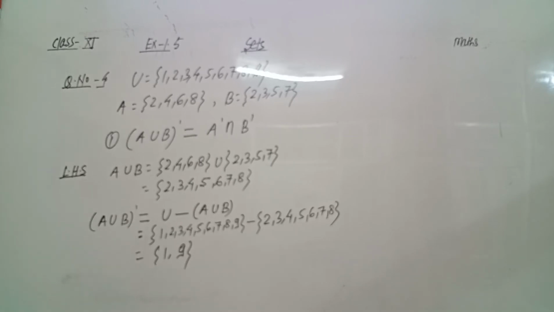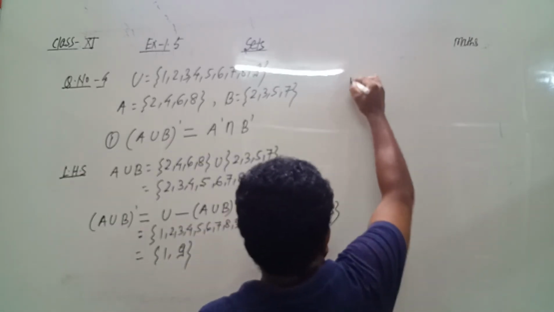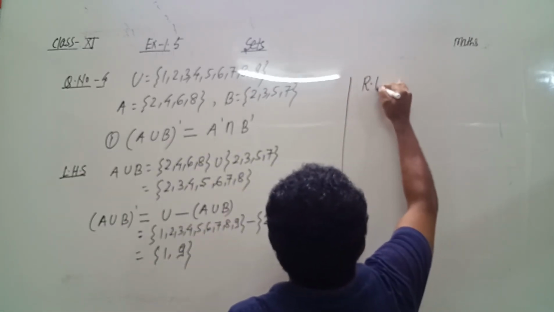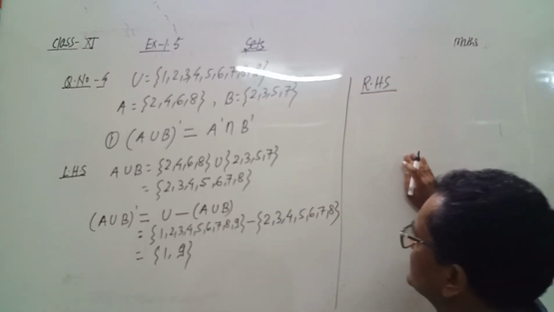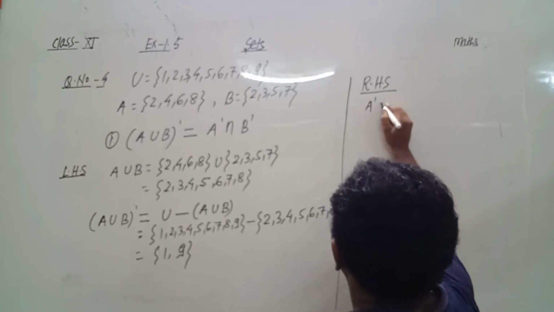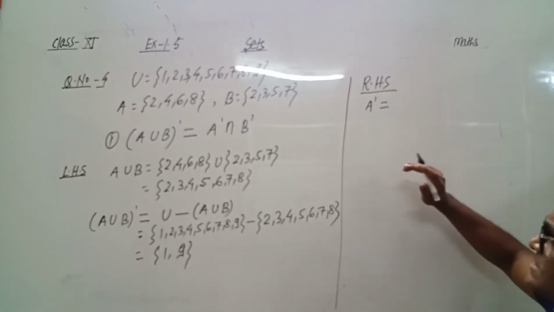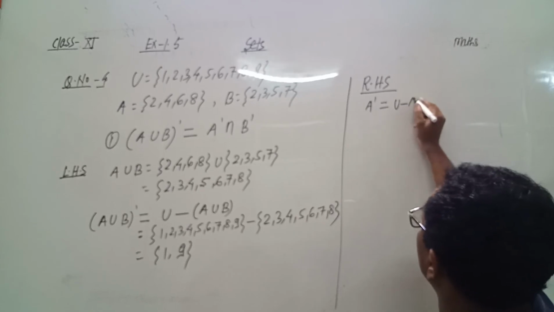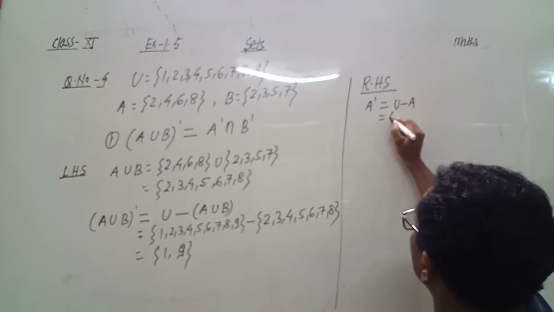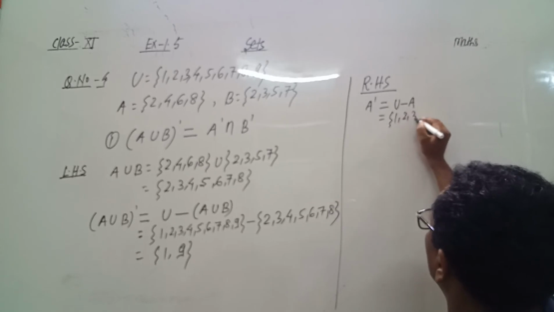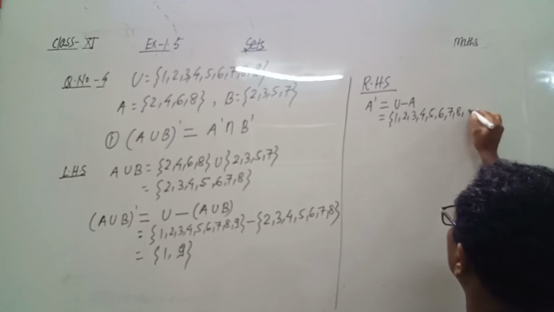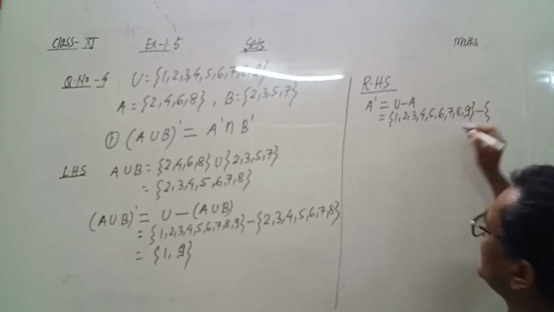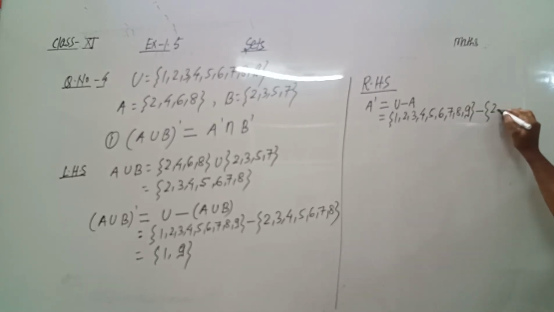Then we have to find RHS. RHS is A dash intersection B dash. So first we calculate A dash, and A dash is equal to U minus A. The value of U is 1, 2, 3, 4, 5, 6, 7, 8, 9 minus set A, which is 2, 4, 6, 8.